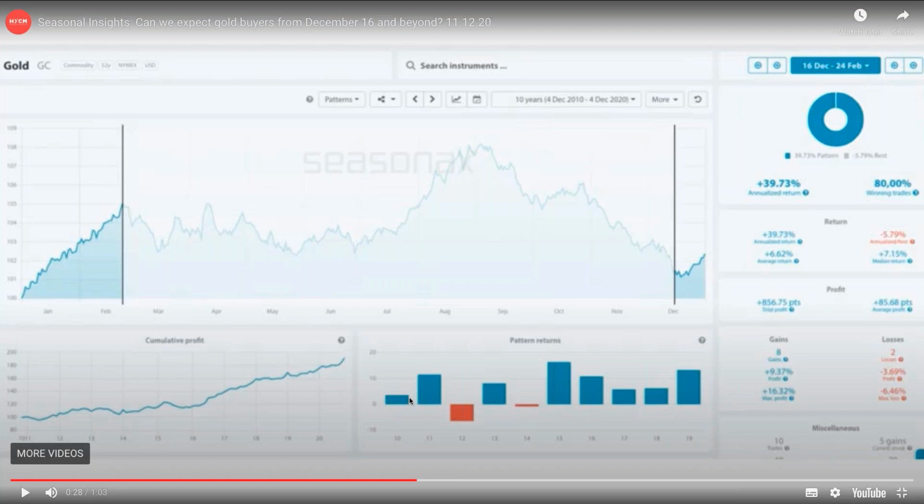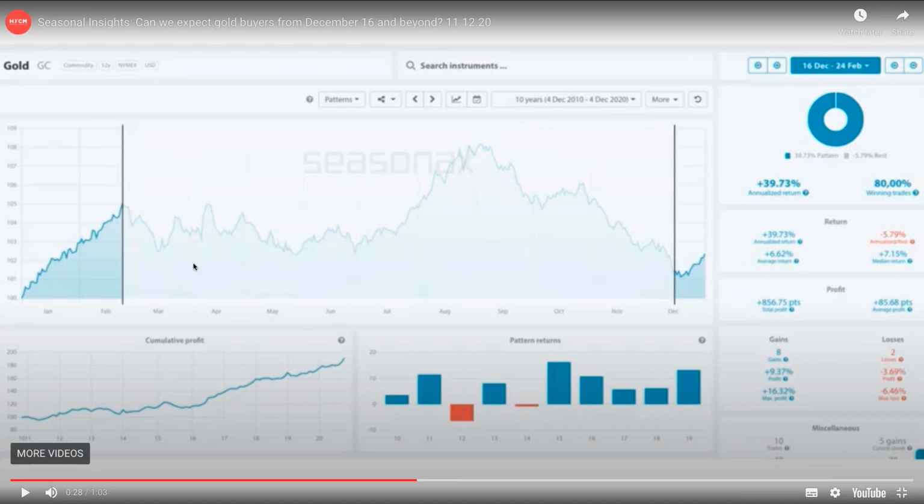Now, if you've taken each of these trades, 80% of them would be winners, with the maximum gain outselling the maximum loss. Now, that reason for gold strength is important. It is due to seasonal strength in the gold market.